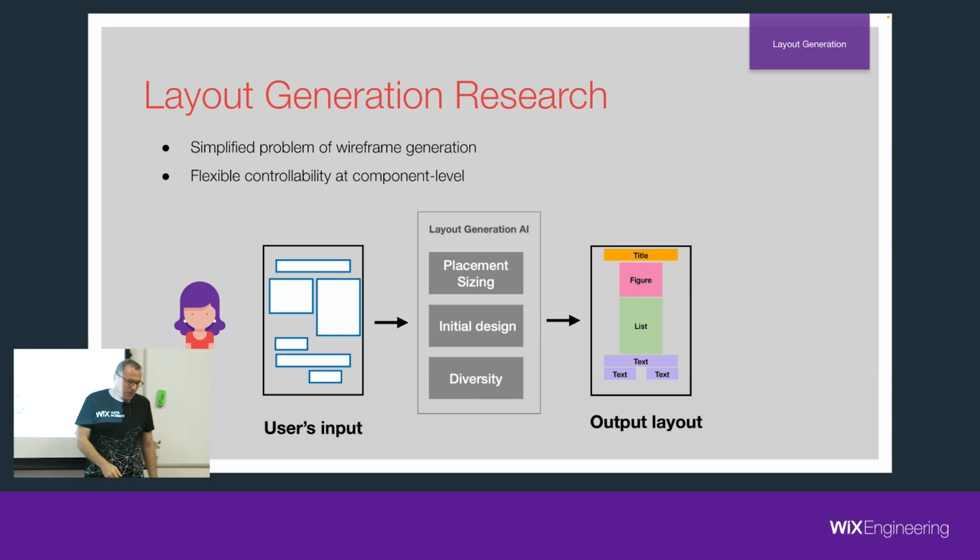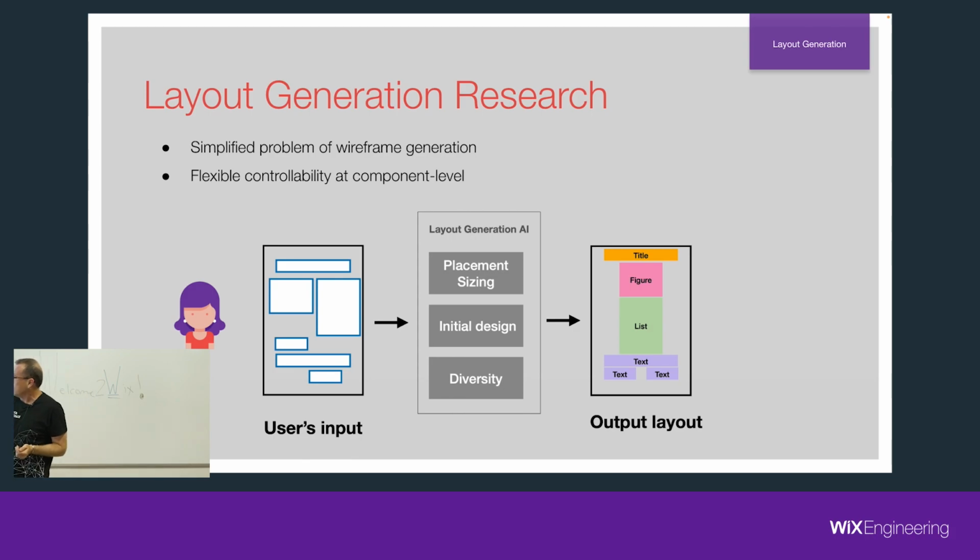You control this generation at the component level: you can specify the types of components you want, and their initial placement and sizing, or you can let the model choose, and the layout generation model generates this.